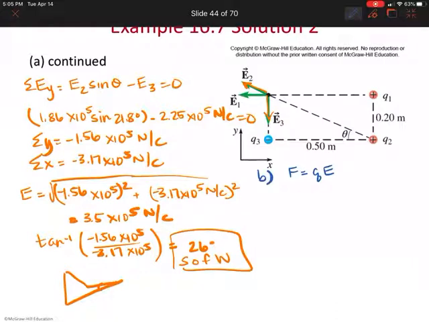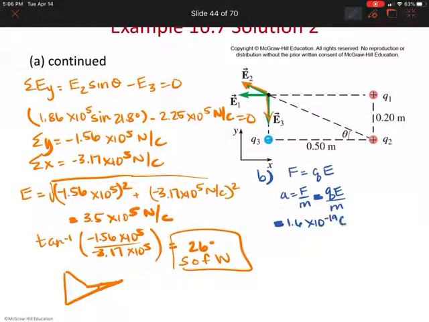Force is equal to charge times the electric field. Acceleration is equal to force divided by mass, and that's what it's wanting us to find. So if we plug in charge times electric field for force and divide it by mass, we can figure out the acceleration of that electron.